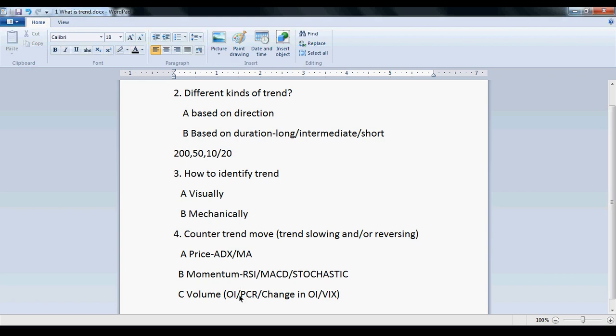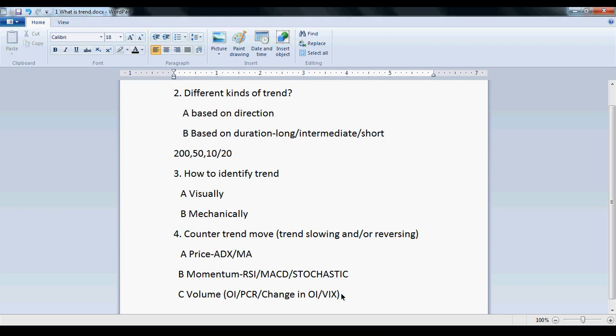For volume we'll see the open interest, put call ratio, change in OI and VIX. I'll make separate videos. Basically, today's video agenda is how to identify the trend and how to identify the trend using moving averages. We will learn about momentum and volume in separate videos, and in the end the idea should be to combine everything and look at it in a holistic view.